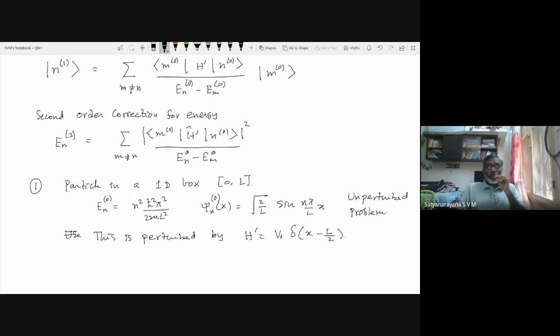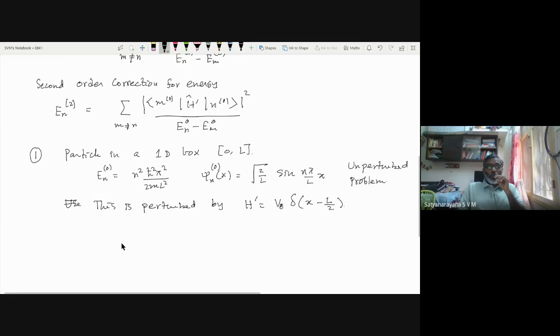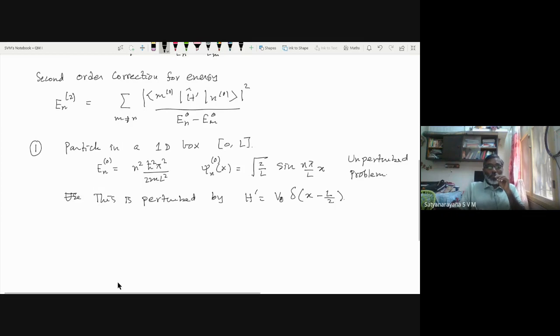There is a perturbation like this at x equal to L by 2, a delta function potential. Now you ask the question, what is the first order correction in energy? So what is En1?